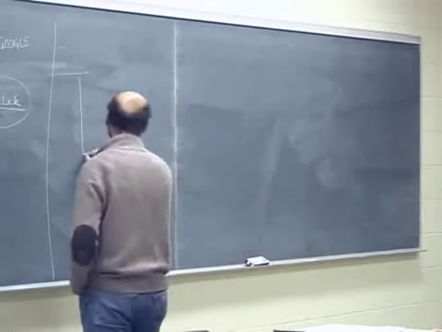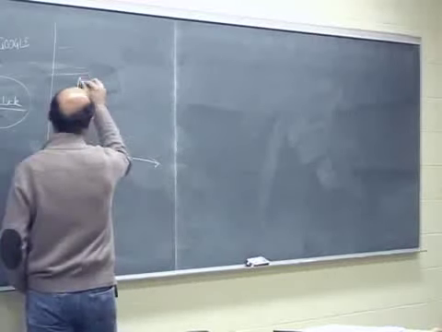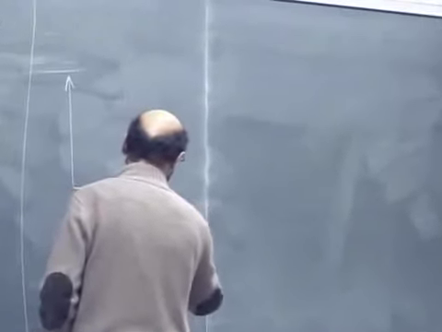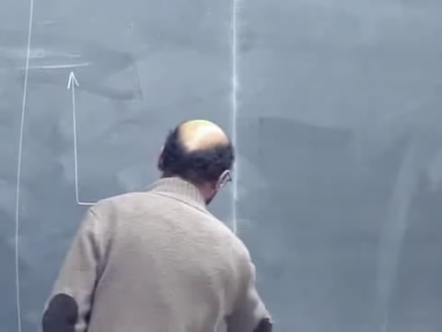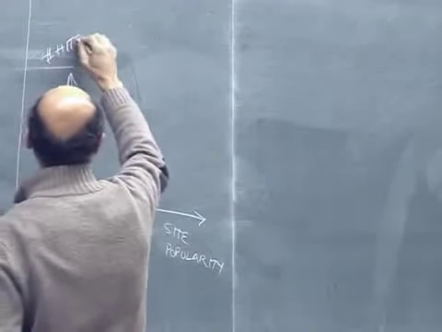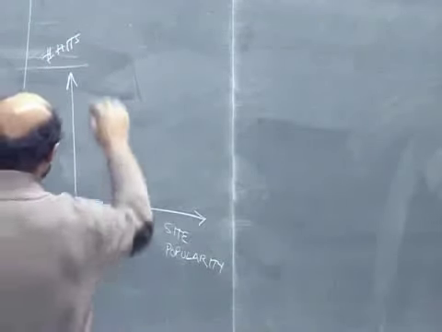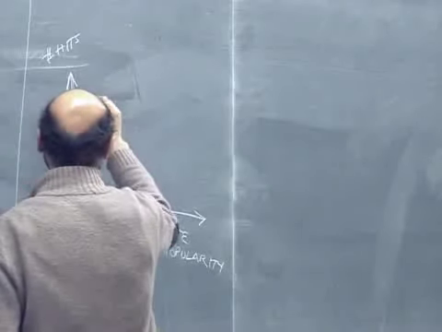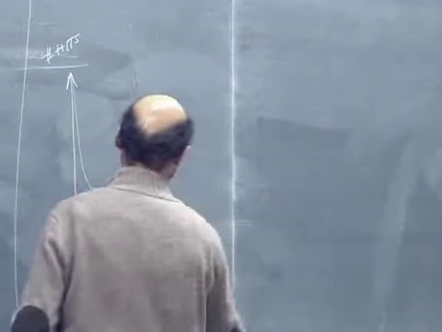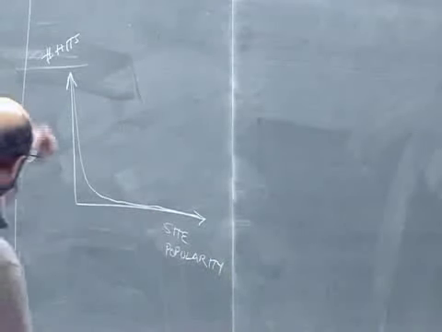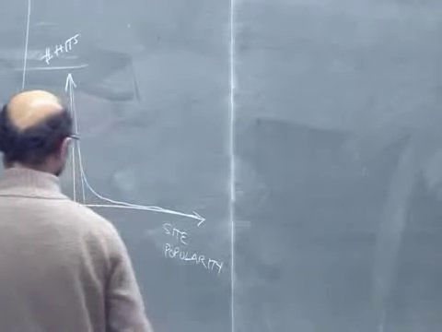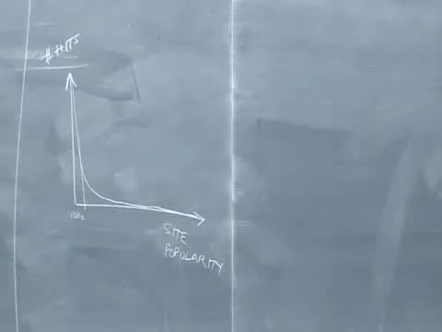So this is the graph that determines how the web works. On the x-axis is site popularity from the most popular site to the least popular site, and this is the number of hits to that site per day. And it looks something like this. Okay. So the top 100 sites or top 1,000 sites, let's say, get 99+% of all the hits.